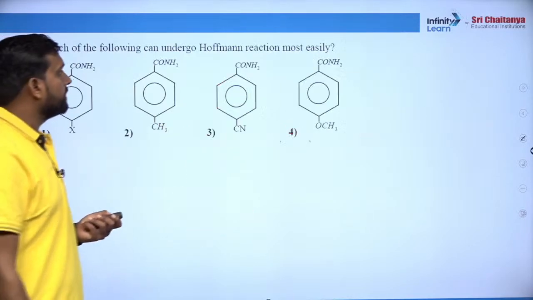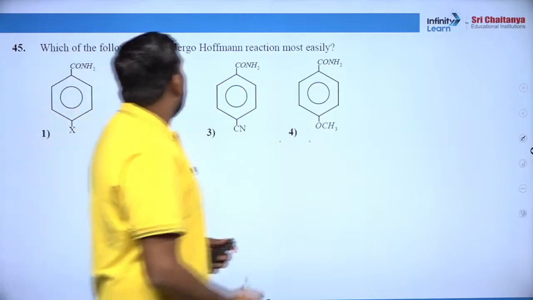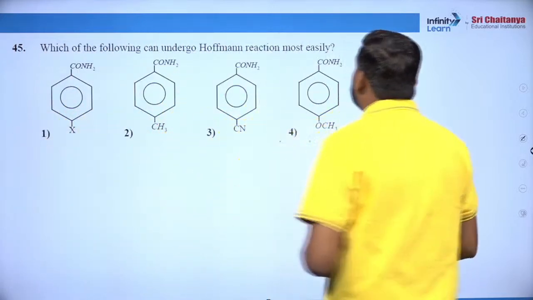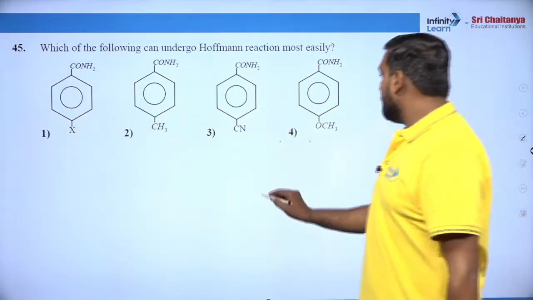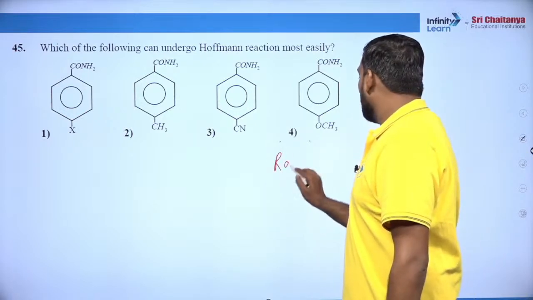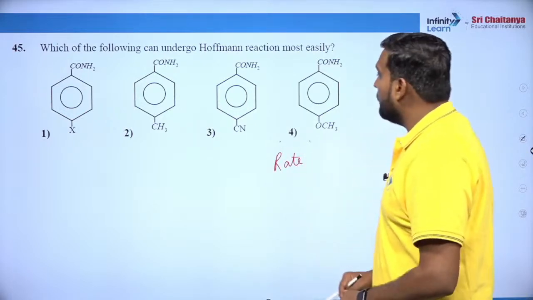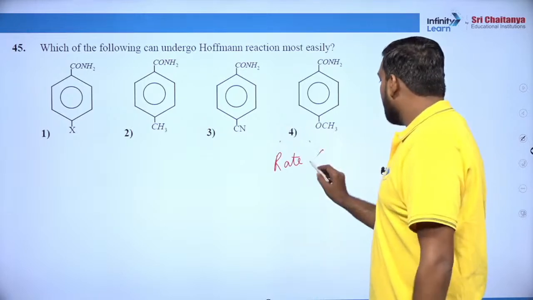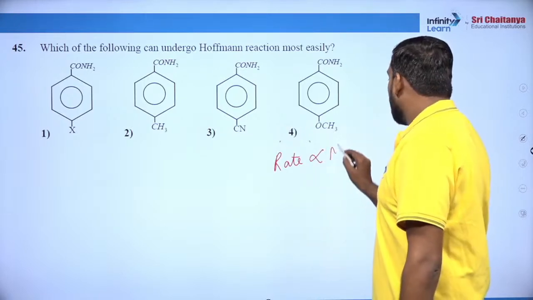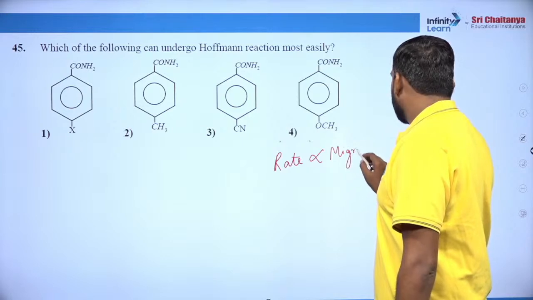Going to the next, which of the following can undergo Hofmann reaction most easily? Remember, if you look into the mechanism of Hofmann bromamide degradation, you will find the rate is directly proportional to migrating group tendency.